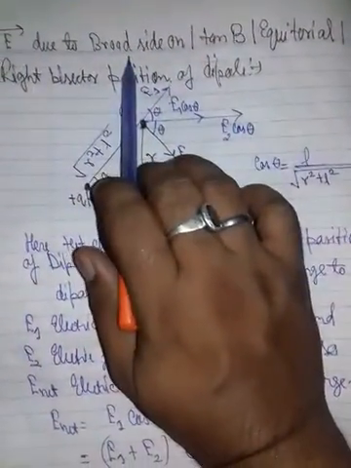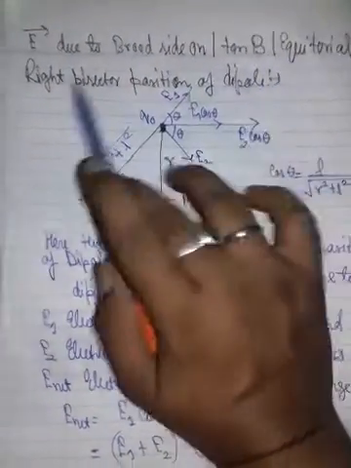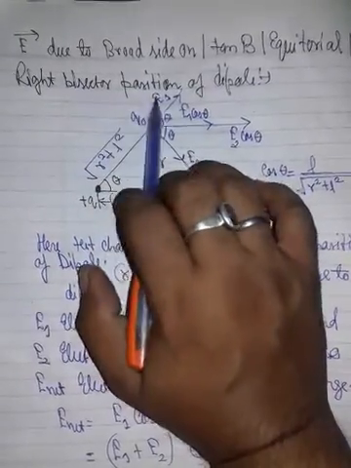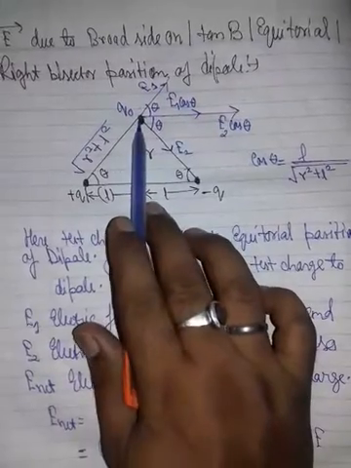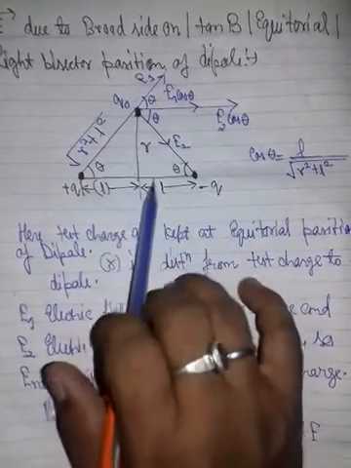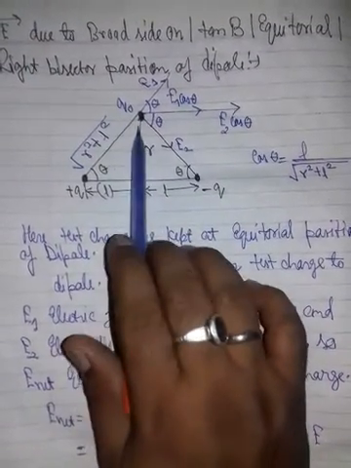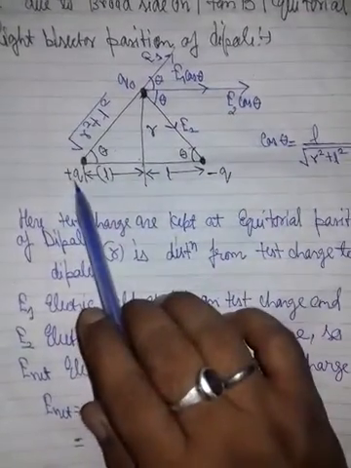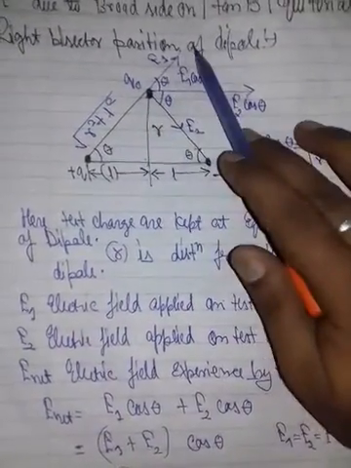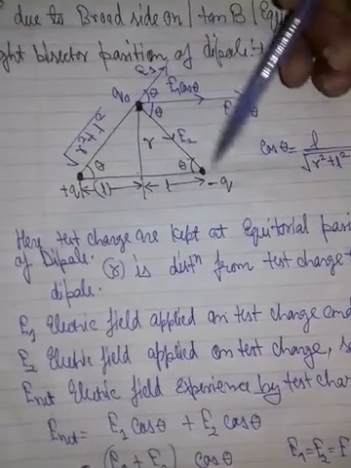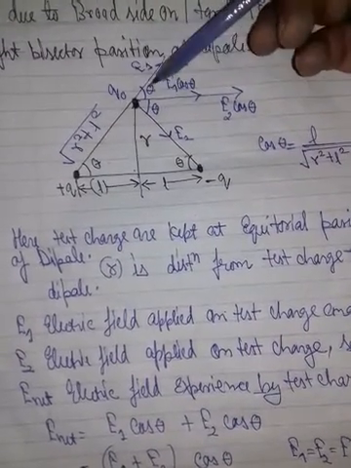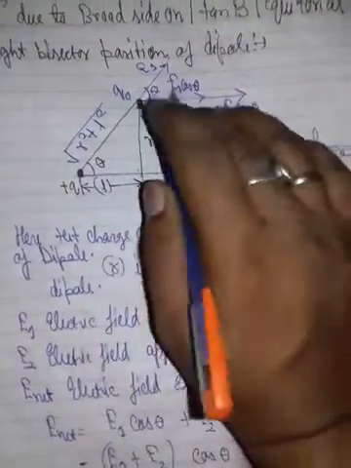Now the electric field at the broadside on or tan B position, that is the right bisector position of the dipole. The dipole and the test charge are at the angular bisector position. For the positive charge the field is away, and for the negative charge the electric field is towards the negative charge, and there is an angle theta between them.